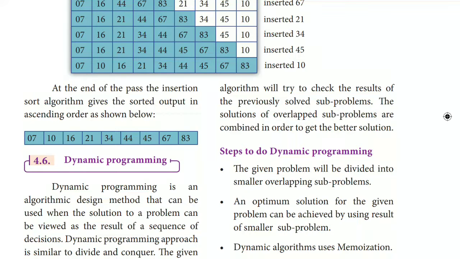By default, dynamic programming is a stack of decisions. It is provided as a stack of solutions, and the stack of solutions will be referred to by the decision which is yet to be taken.